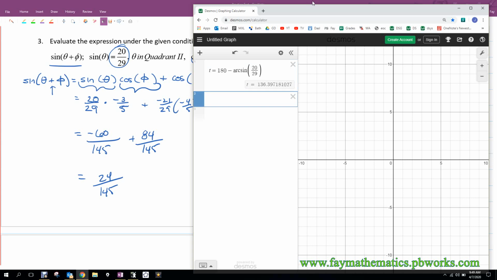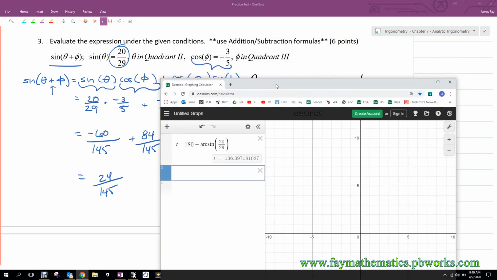Okay, phi, I'm going to find by taking cosine inverse of negative 3/5. Okay, now it says we're in quadrant 3. So in quadrant 3, I actually want this to be 180 minus that, and we'll add 180 to it.